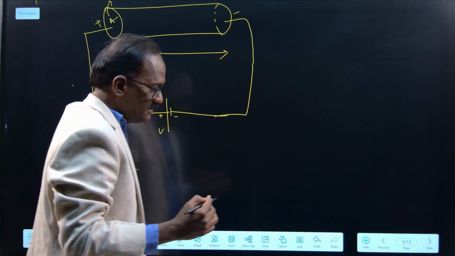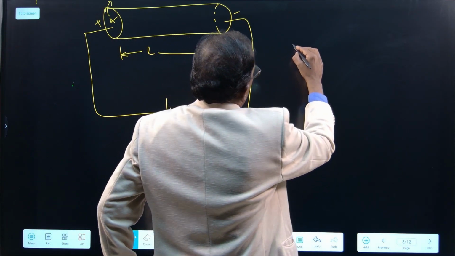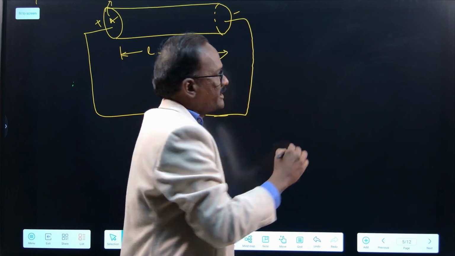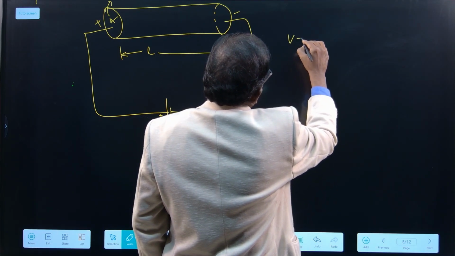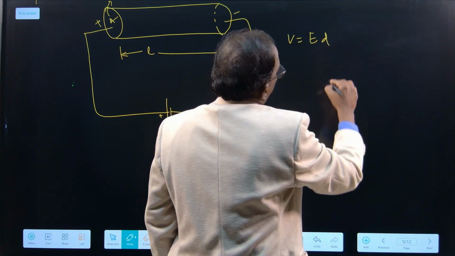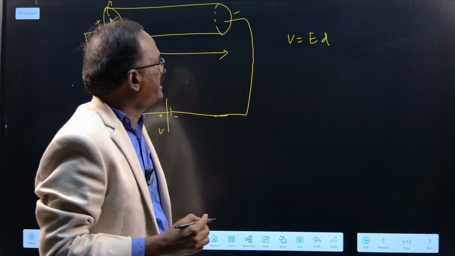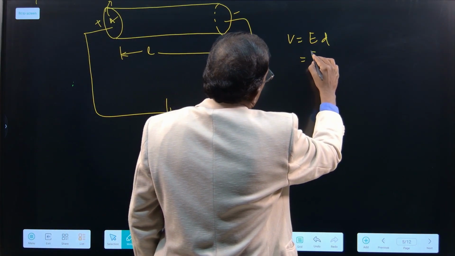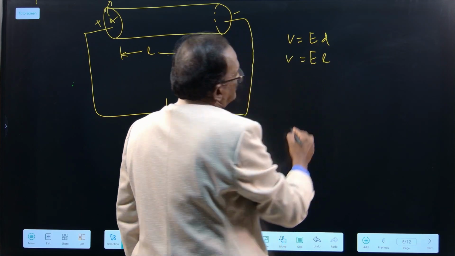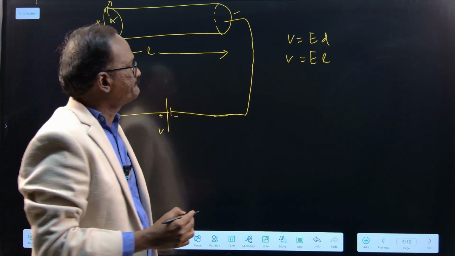What we have seen in the topic potential, V is equal to E dot D. Scalar value only I have written: V is equal to ED. Instead of D, we are having L. So V is equal to EL, we can write.